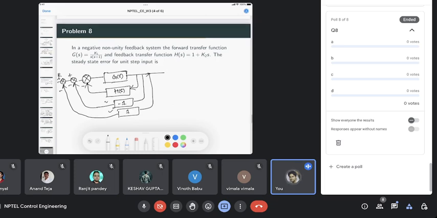When you have the summing point, you have two signals given to it, through two transfer functions, 1 and minus 1, with the same signal. At the summing point they will cancel out, right?